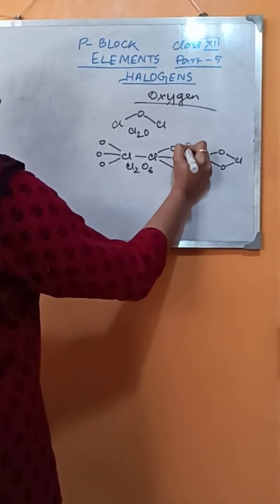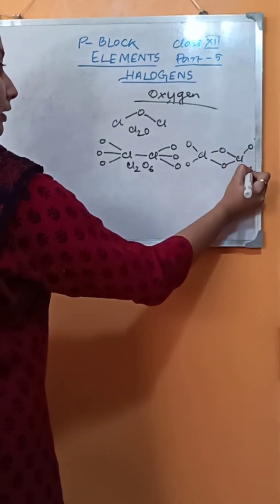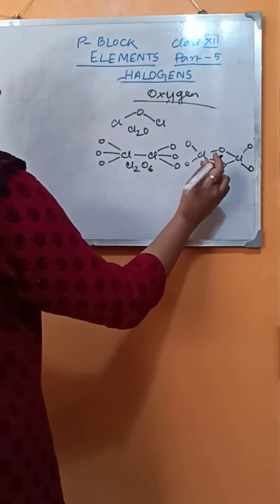These two are bridge bonds. The structure can be either this or this.